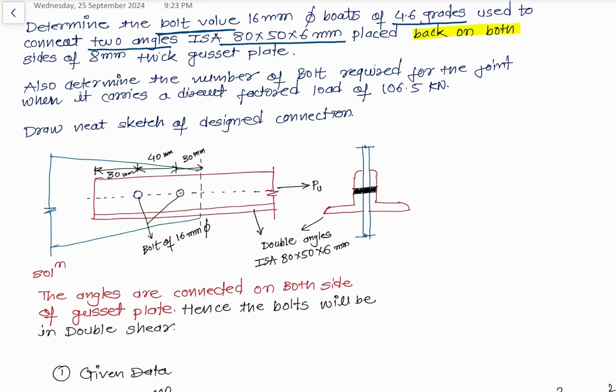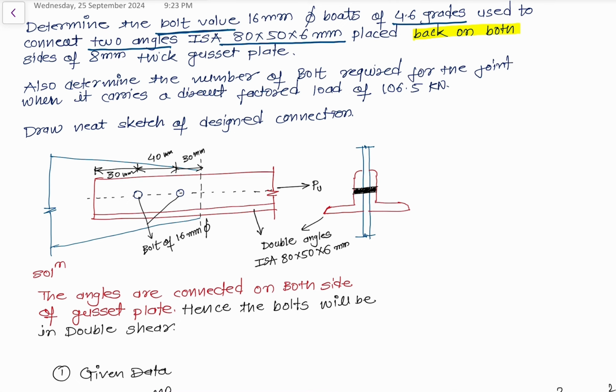Back to back on both sides means this is the representation. This is angle number 1, and this is angle number 2. This is the back side of the first angle, and this is the back side of another angle. I hope you get that one.